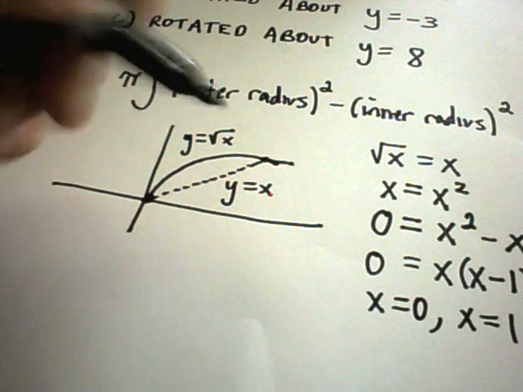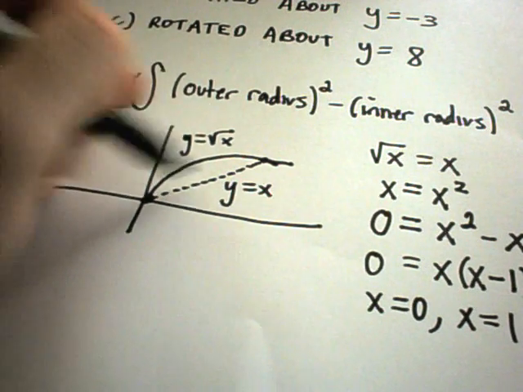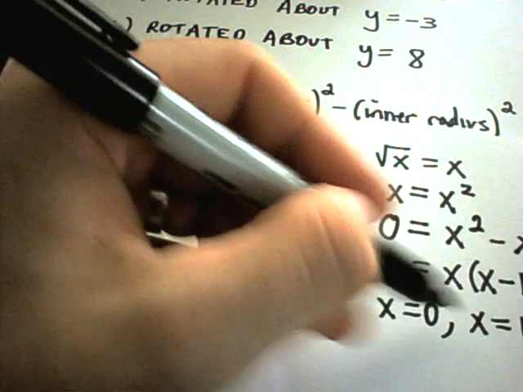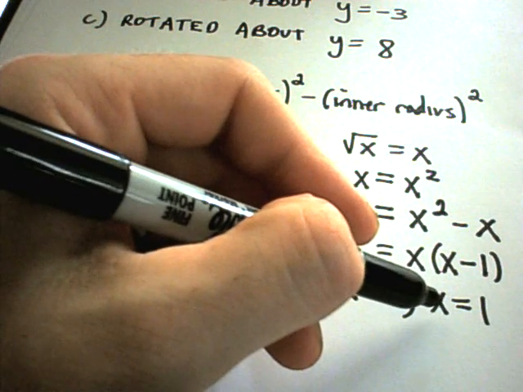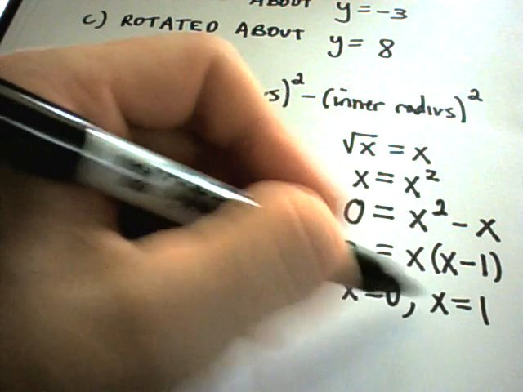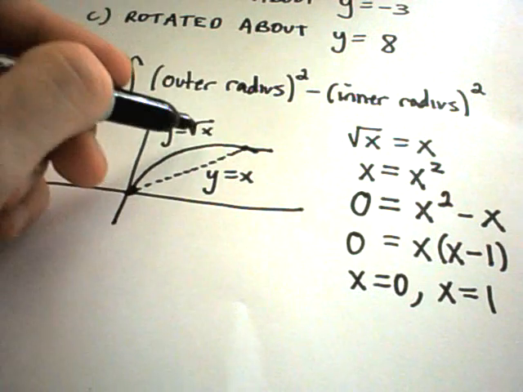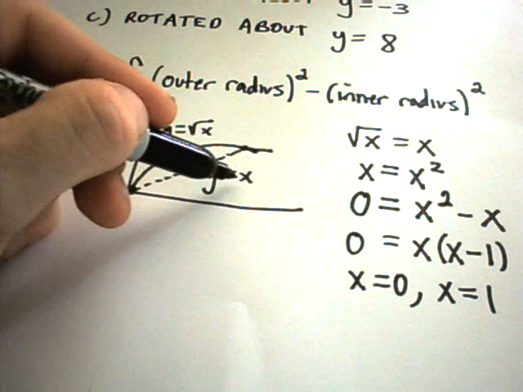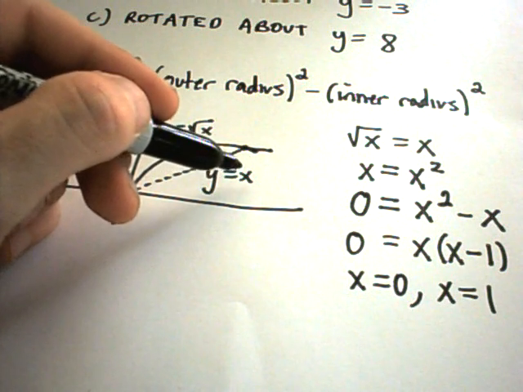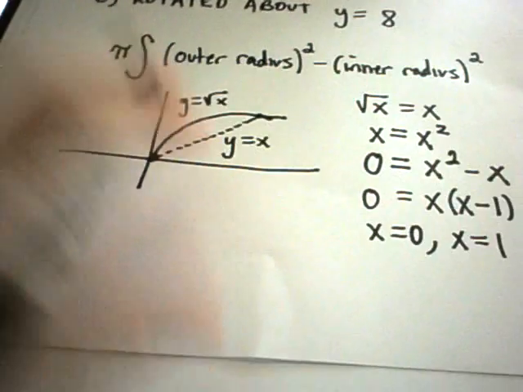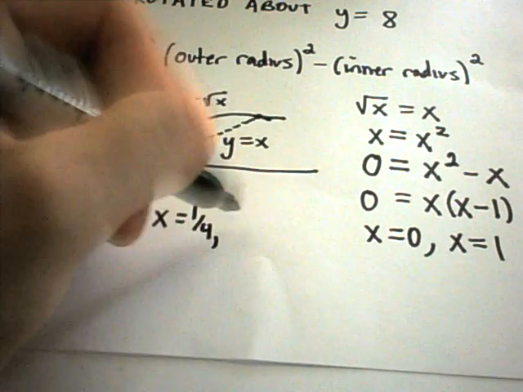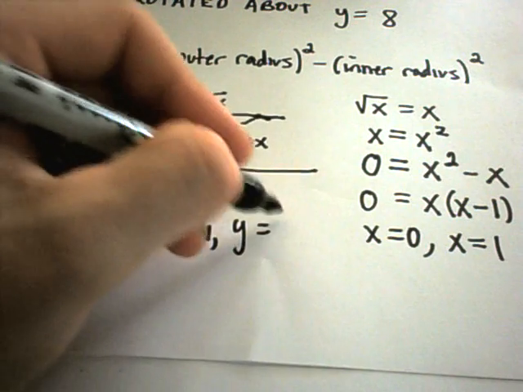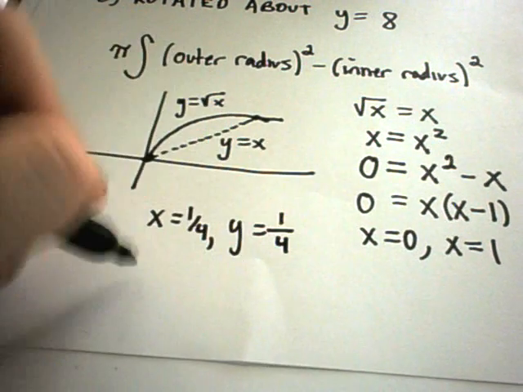If you weren't sure which graph was bigger over this region, what you could do is take a number between 0 and 1, say 1/2, let's make it even better, say 1/4, and plug it into the square root function, plug it into the x function, and see which one gives you a larger value. So if we use x equals 1/4, on the bottom one, y equals x, we'll just get y equals 1/4.